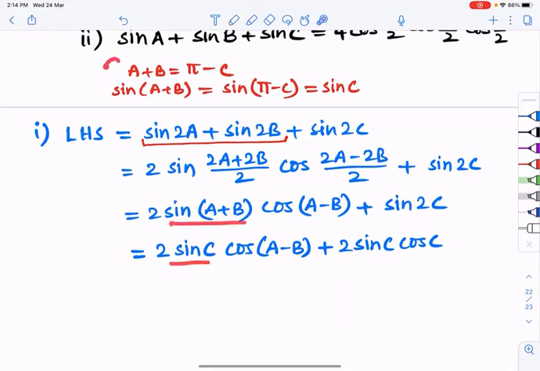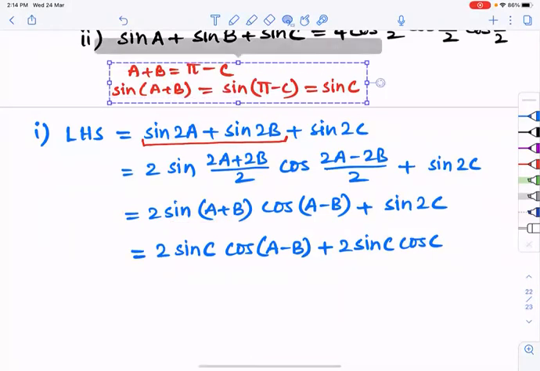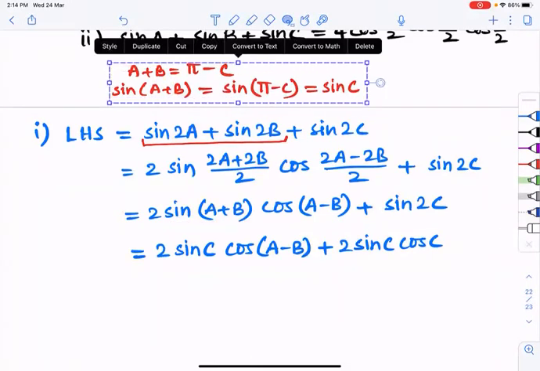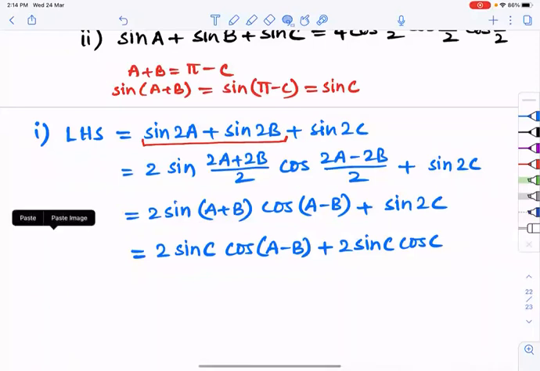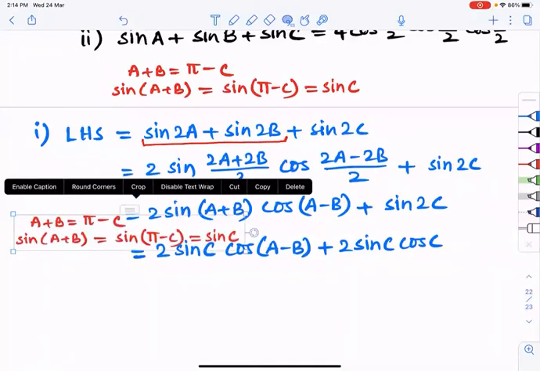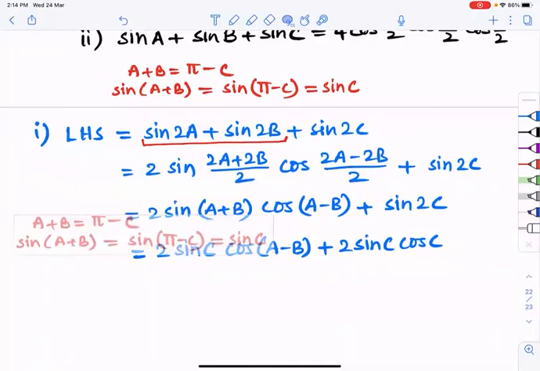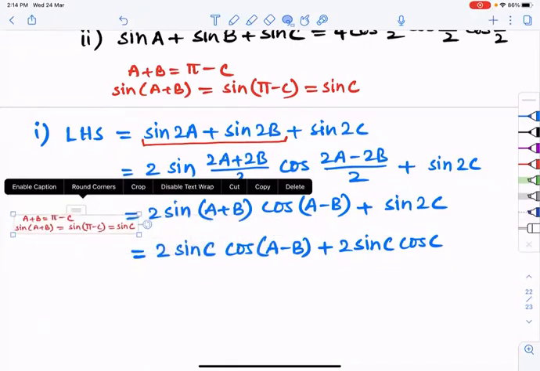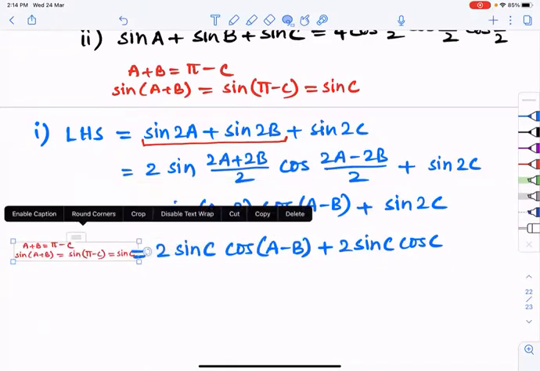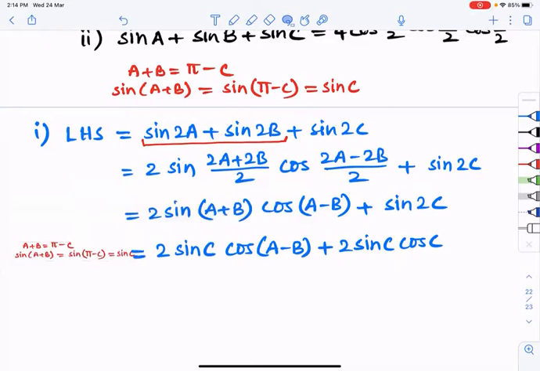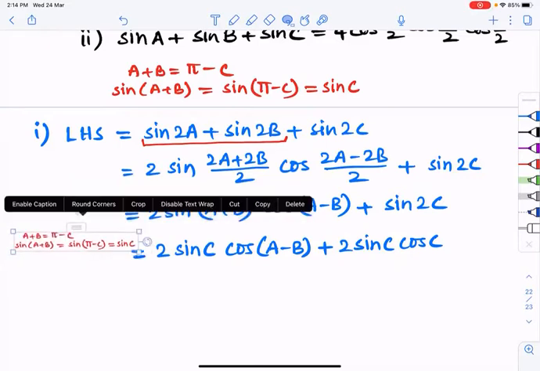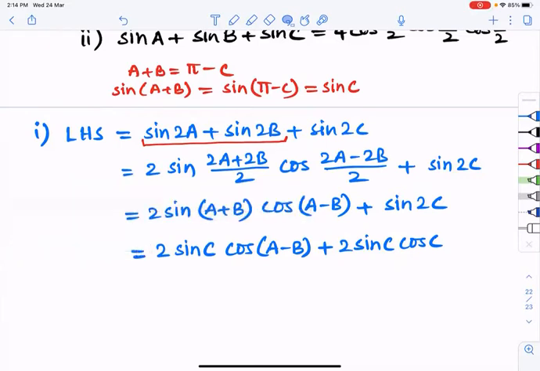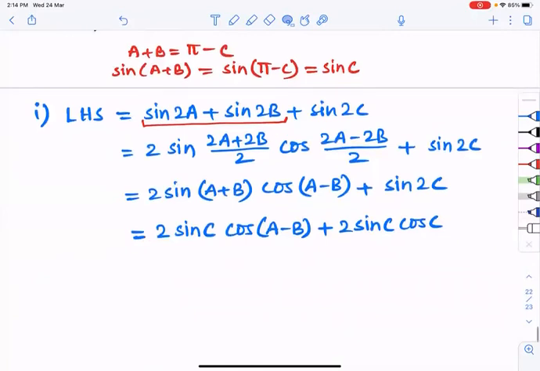That I have explained here. Let me bring it down here. This is the result.